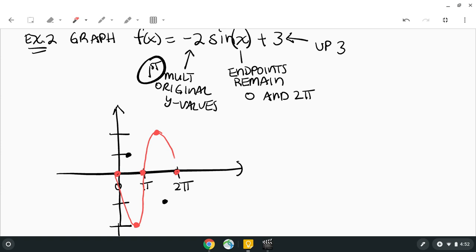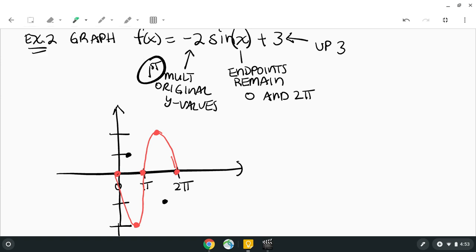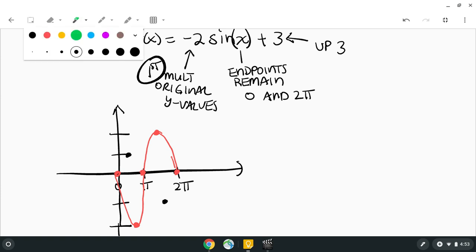And this last point, the y value is 0, so 0 times -2 is 0. So here I have this graph. This is not going to be my final graph. This is just what it looks like when you multiply it by -2. It flips and it gets stretched. We still need to shift this 3 units up.